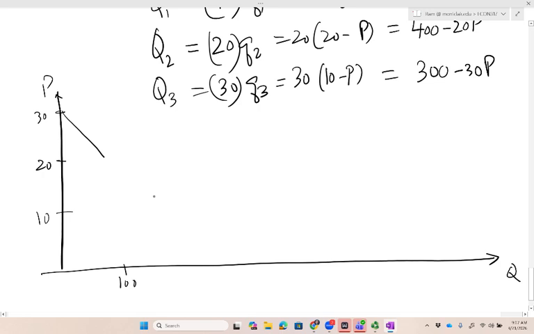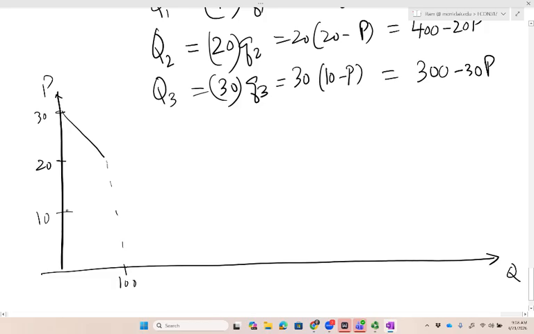When we go down from price equal to 20 to price equal to 10, now we know buyers of type 1 will buy 200 units, 300 minus 10 times 10 is 200. Buyers of type 2 will buy 200 units again, 400 minus 20 times 10. So 20 times 10 is 200, gives me 200.